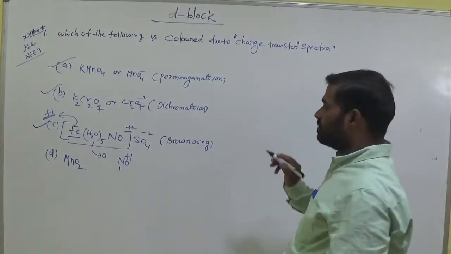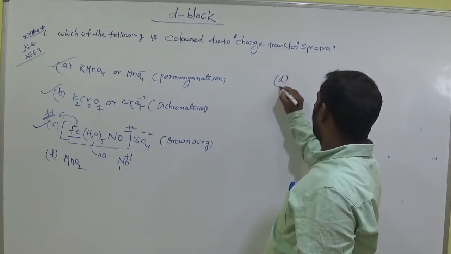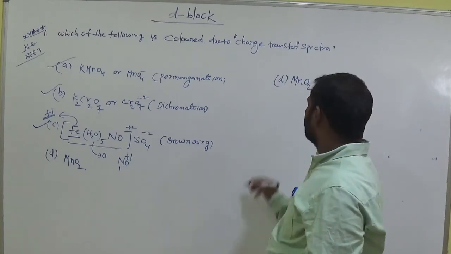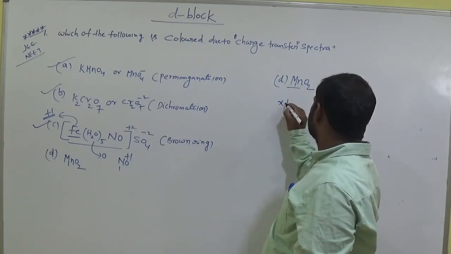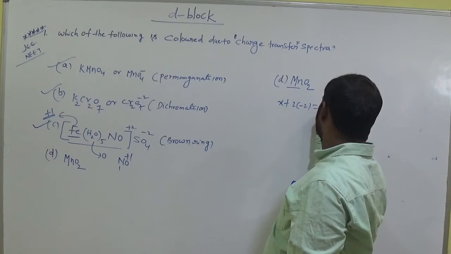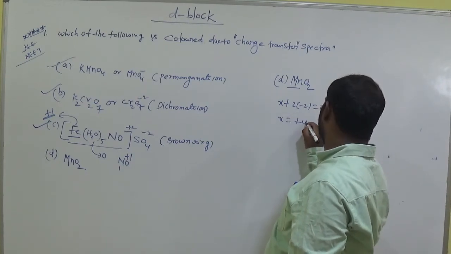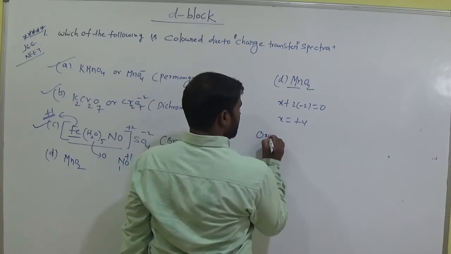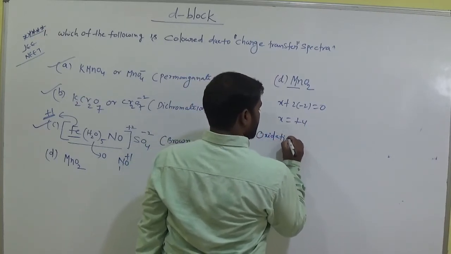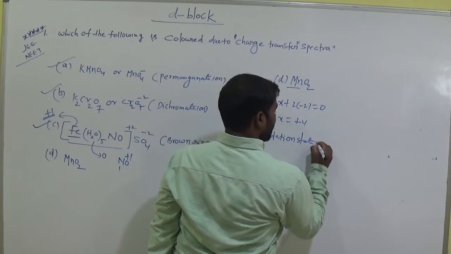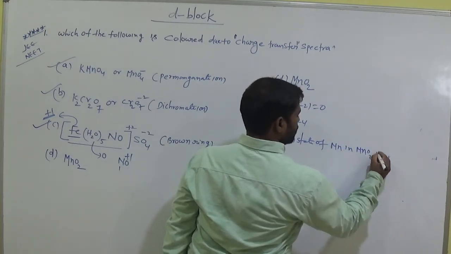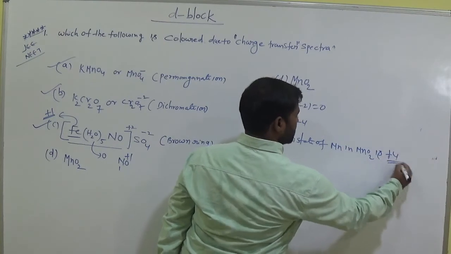Okay, let us come to D. MnO2, manganese dioxide. So here it is X. X minus 2 times 2 equals 0. X equals +4. So the oxidation state of manganese in MnO2 is +4.